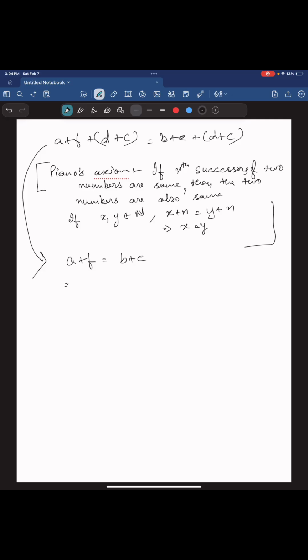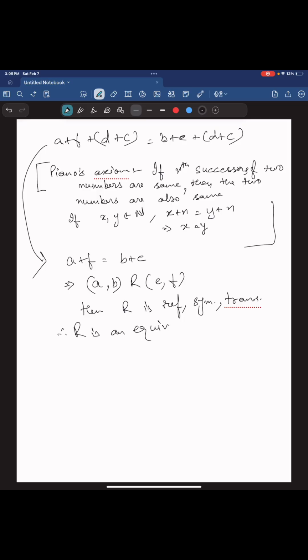So this shows that (a, b) is related to (e, f). Hence we prove that R is reflexive, symmetric and transitive. Therefore R is an equivalence relation.